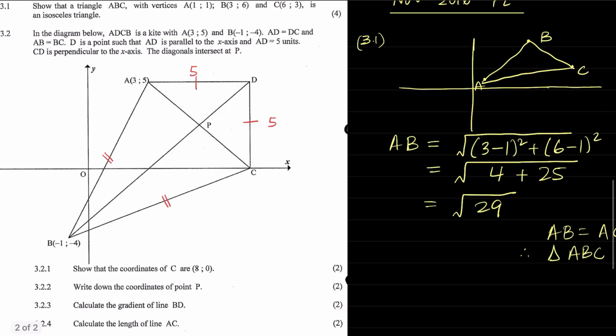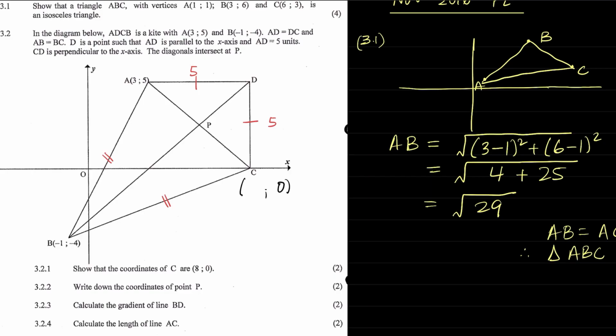All right, so we can clearly see here that point C lies on my x-axis. So if it lies on the x-axis, we know that y is going to be 0. Now we want to figure out how do we show that the x-coordinate is 8. And we've got to use this and this.